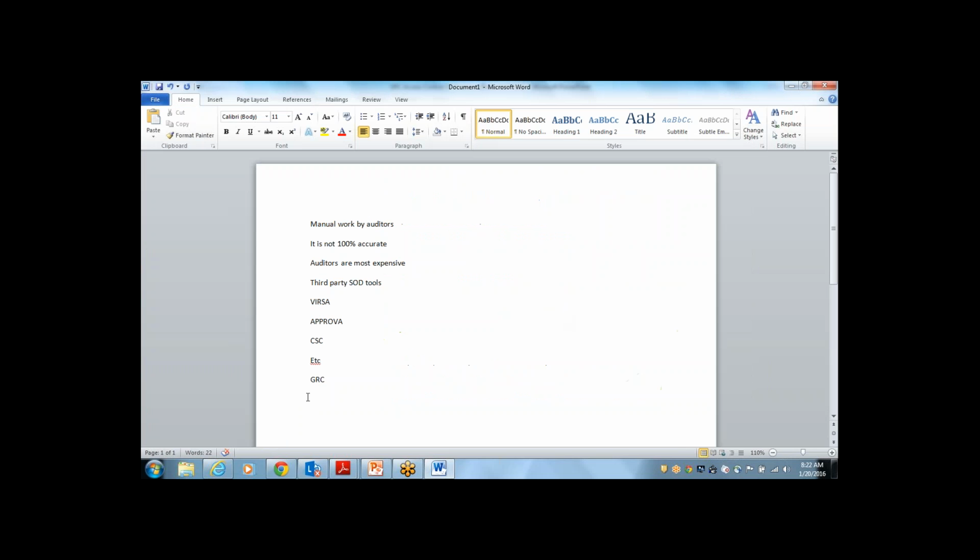So if you start explaining about SOD, that is nothing but segregation of duties. As you know, segregation of duties is a very important word from a security point of view. Or you can call it separation of duties also. So your GRC and any other third-party tools are working on this SOD concept only, separation of duties or segregation of duties.